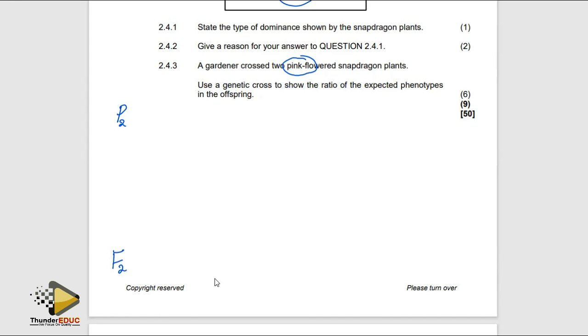So now P2, you tell us the phenotype. The phenotype is pink. We cross it with another pink flower. The X must be like this, it must not be like this.